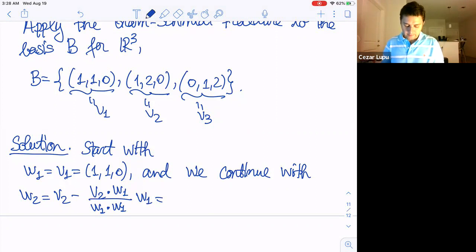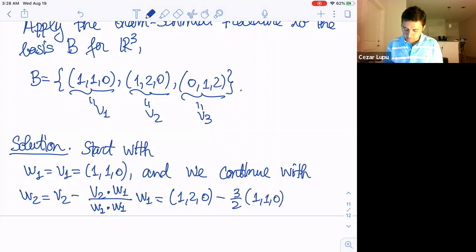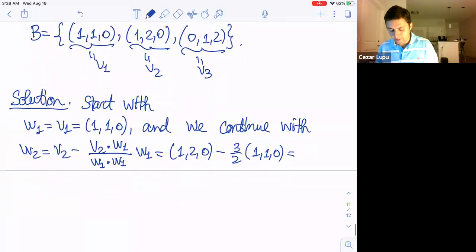V2 is 1, 2, 0 minus V2 dot W1, which is 3, over W1 dot W1, which is 2, times 1, 1, 0. Okay, great. And this will produce negative 1/2, 1/2, and 0.